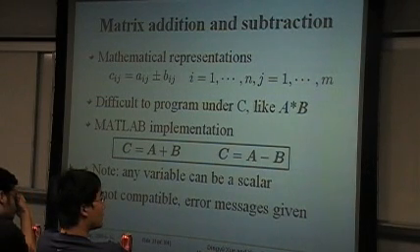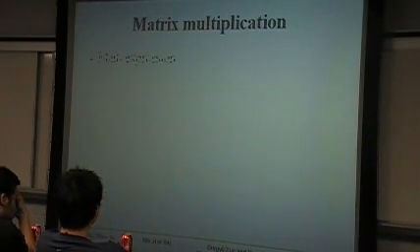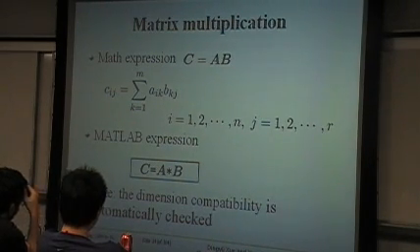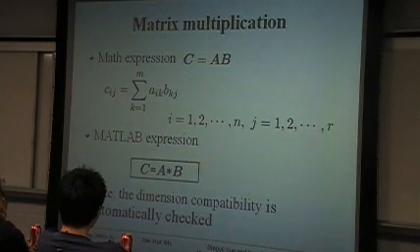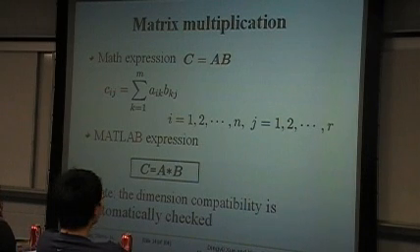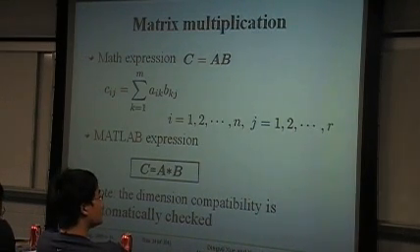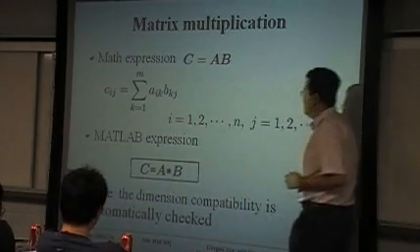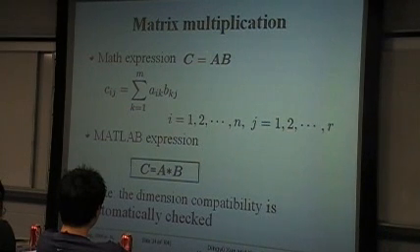And also for multiplication, I have given you a simple demonstration on why, if you use the C programming language, you may get some errors or some bugs. But in Matlab, what you need to do is simple: A times B. If they are compatible, then you can get the right result.